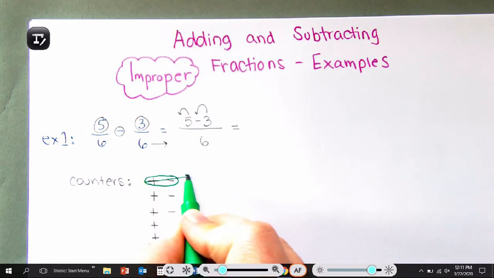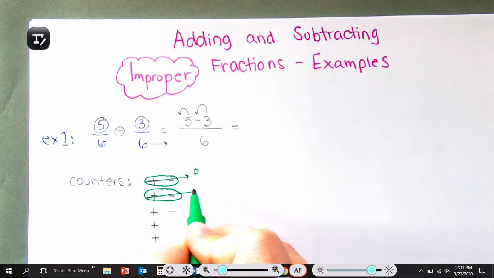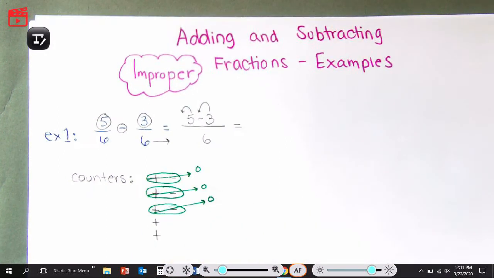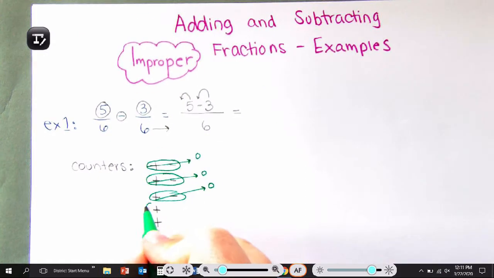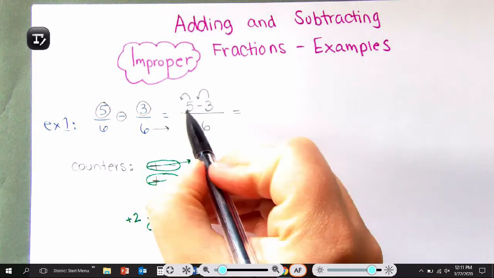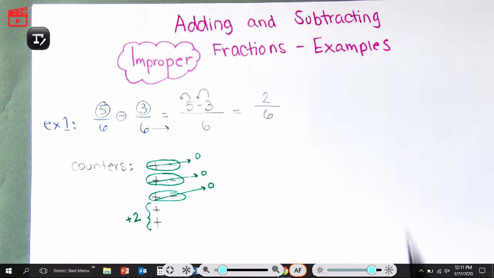They cancel out, and that makes 0. So that's why we call them a 0 pair. And then you're looking at what's left over. I have 2 positives left over. So here, 5 minus 3 is positive 2 over 6.